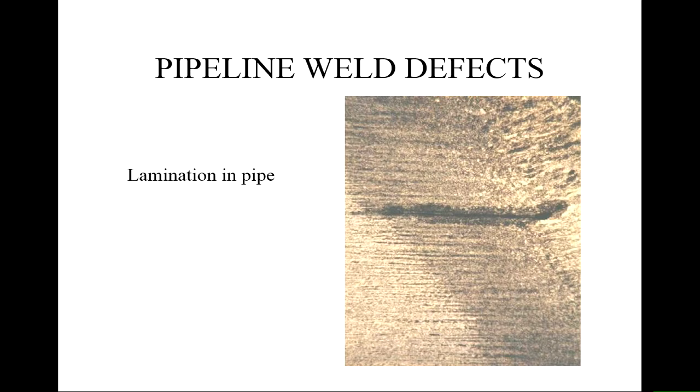Laminations in the pipe. Now, you probably know where these laminations are coming from. It's obvious from the micrograph that the lamination is this one. If you look at it, it doesn't appear to be causing any problems. Well, first of all, what is this? What is this dark line?